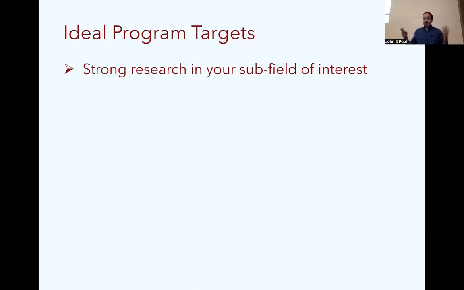Otherwise, where should you apply? I would say some of the ideal factors would be that you feel like this is a strong program for research in your particular scientific area. This is easier to assess as you go along, maybe not trivial at any stage, but at least as you get a chance to interact with more individuals, not only faculty, but potentially lab members.